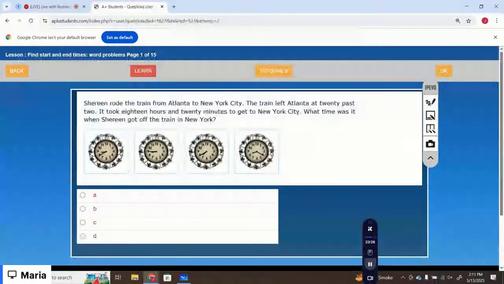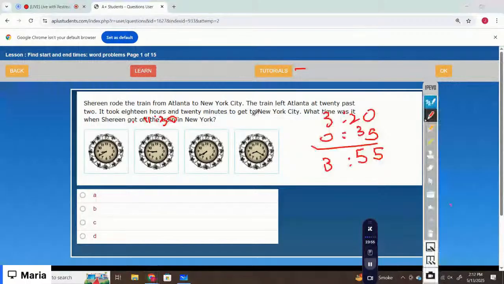She took the train from Atlanta to New York. The train left Atlanta at 20 past 2. It took 18 hours and 20 minutes to get to New York City. What time was it when she got off the train in New York?